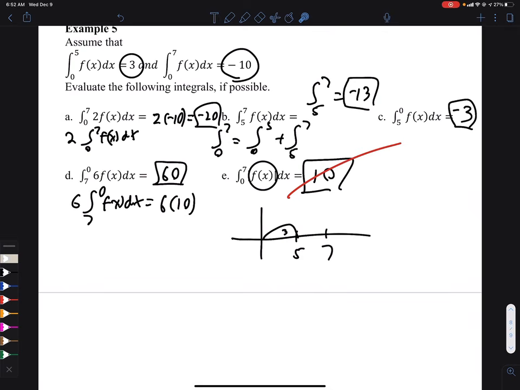We said 5 to 7 is negative 13. So that must drop way down here. And this area must be 13. And then you say, okay, 0 to 7 was negative 10. So 3 minus 13, that's negative 10.